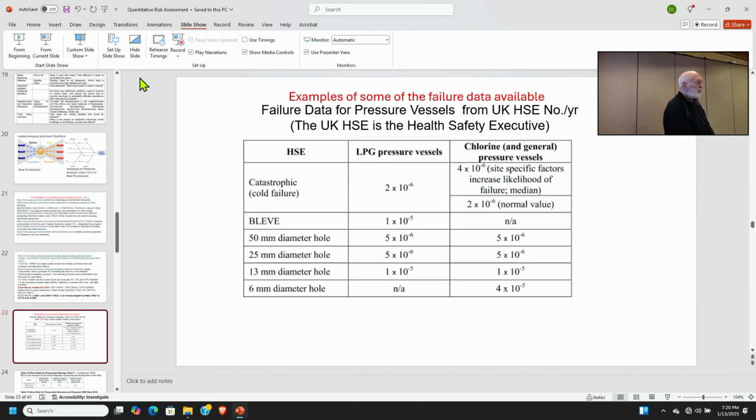All right, now I said there was failure data available from people in the UK. The UK HSE is the Health Safety Executive. They're the OSHA of the UK. And they talk about HSE events for LPG pressure vessels, chlorine, and other vessels.